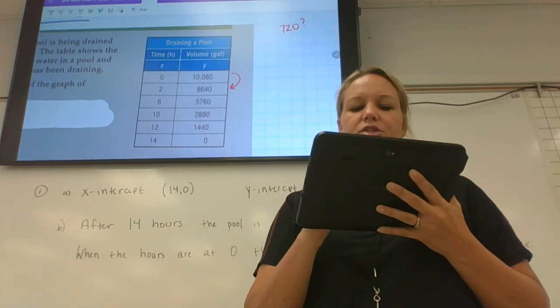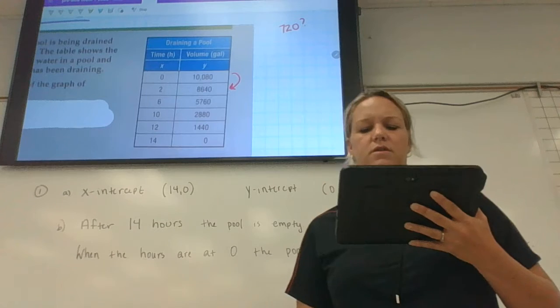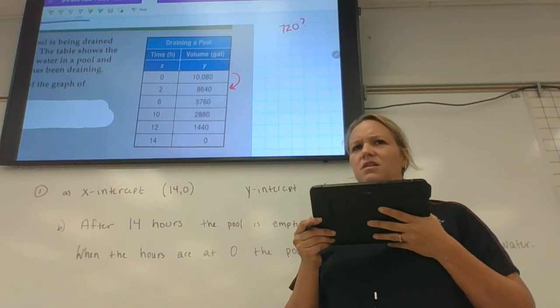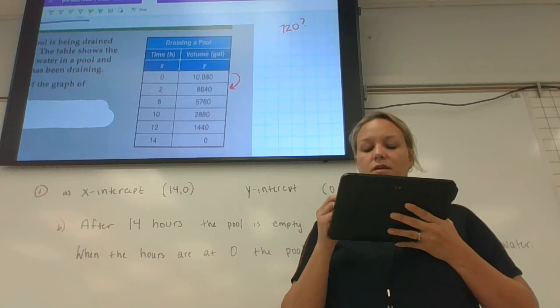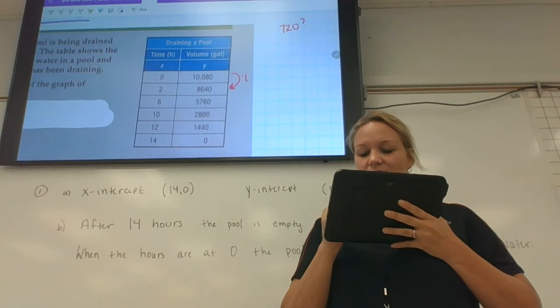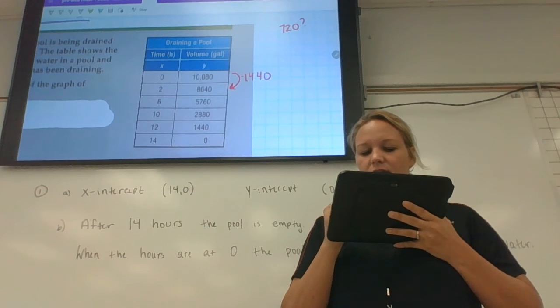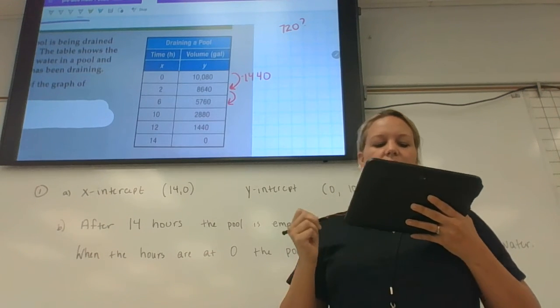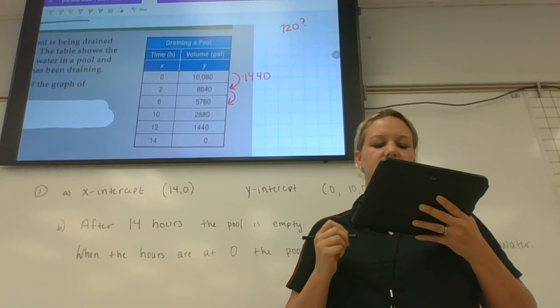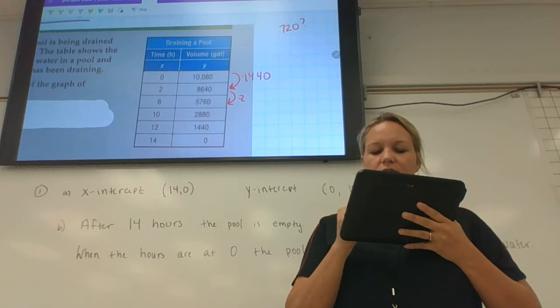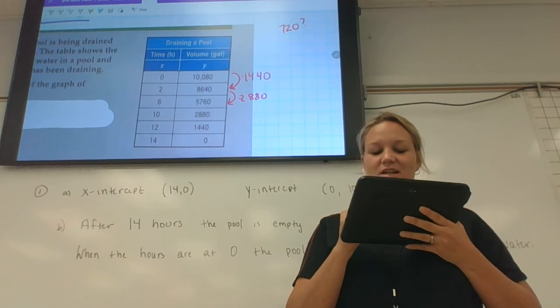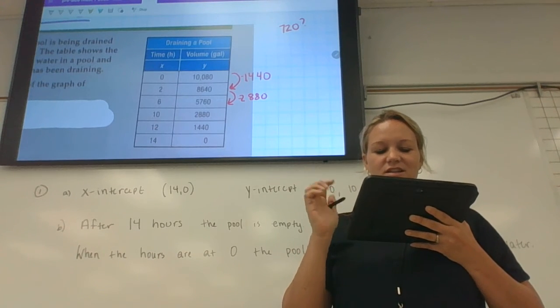So how much should it go down between 0 and 2? How much is it going down between hours 2 and 6? 2008. That's it. I think you're right. Because it's 4 hours, right?